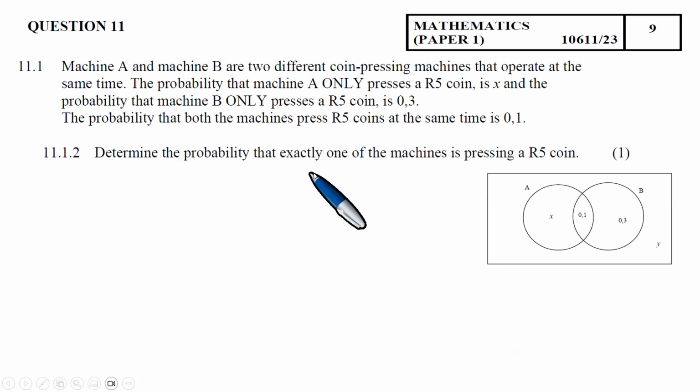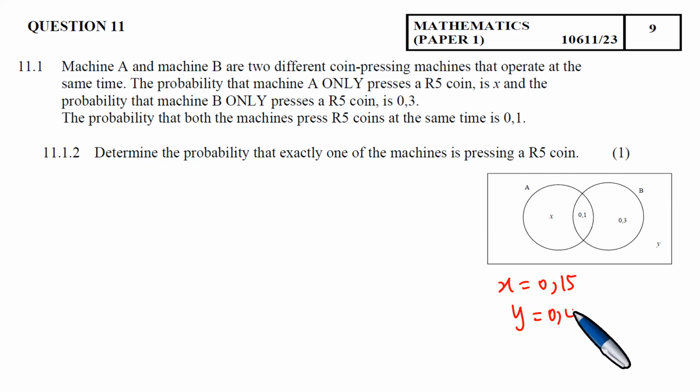Determine the probability that exactly one of the machines is pressing a 5 rand coin. Right, so a couple of things remain very important to remember: x from the previous question is 0.15 and y is 0.45.